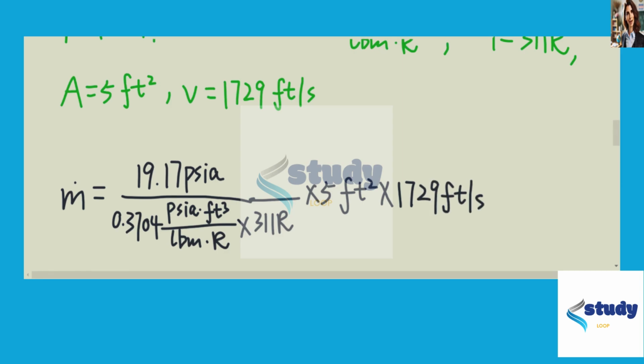And this will give us a mass flow rate of about 1439 pound mass per second.